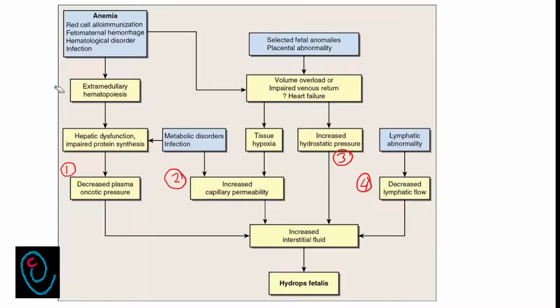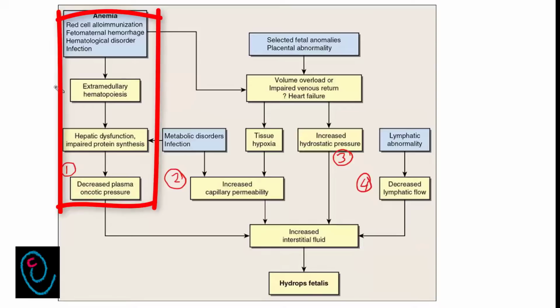The mechanism of non-immune hydrops fetalis differs according to the etiology. Fetal anemia, for example, will stimulate extramedullary hematopoiesis, which impairs hepatic protein synthesis and consequently decreases plasma oncotic pressure.